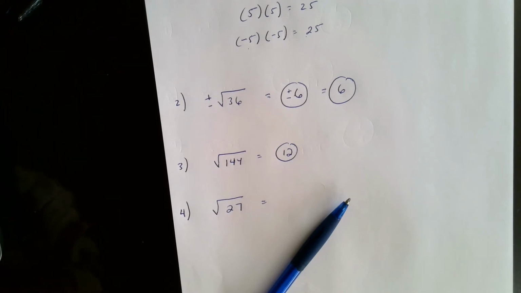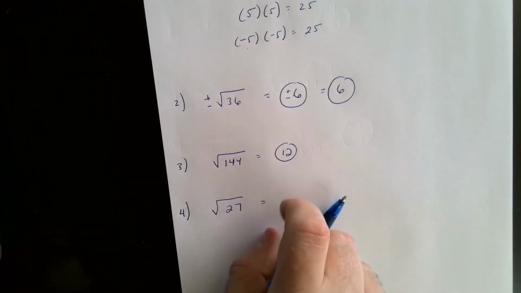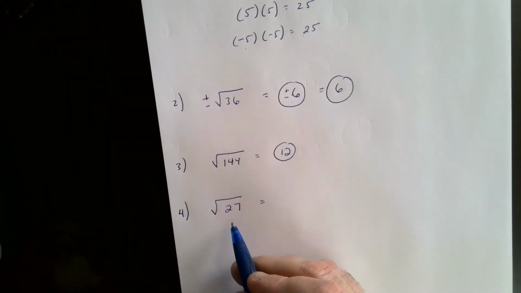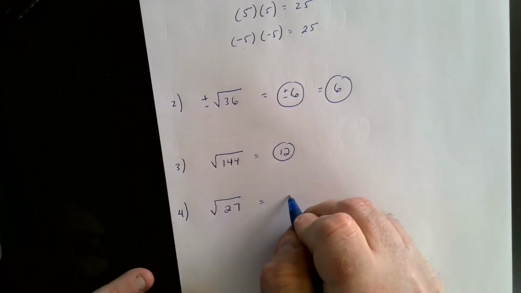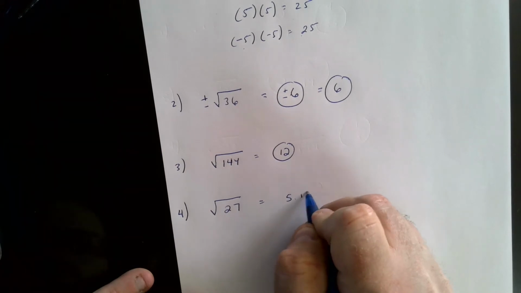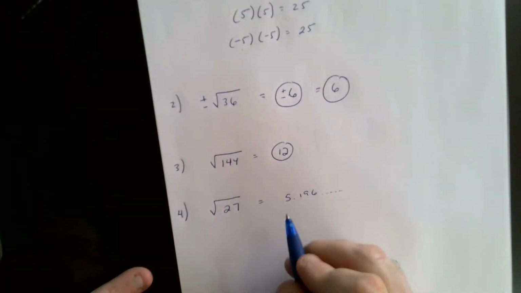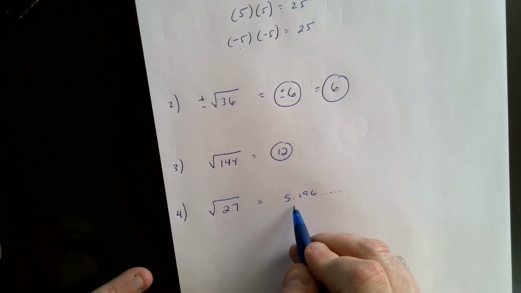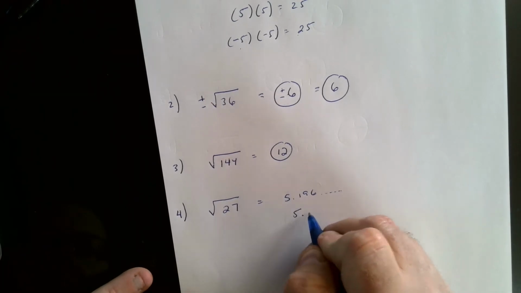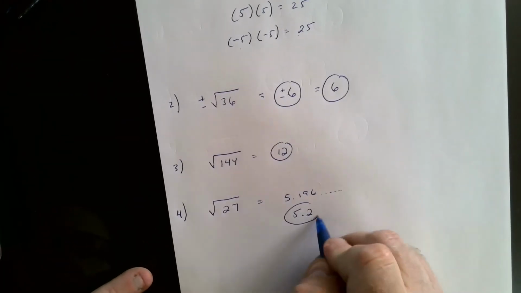So you might need to use a calculator for this. If you put the square root of 27 in your calculator, you see it turns out to be 5.196, and then it keeps going. Okay, but we want to just round this to the nearest tenth. So our answer would be 5.2.